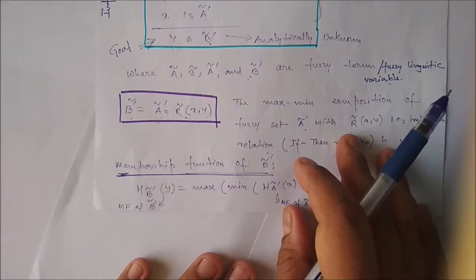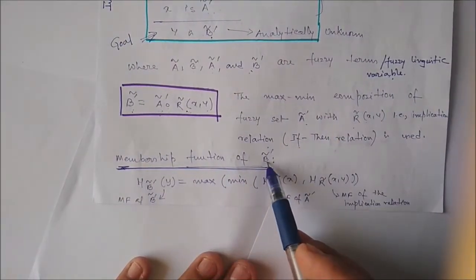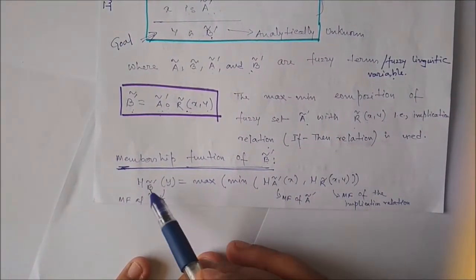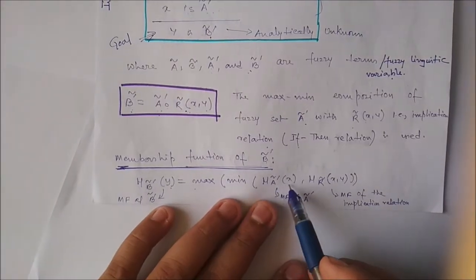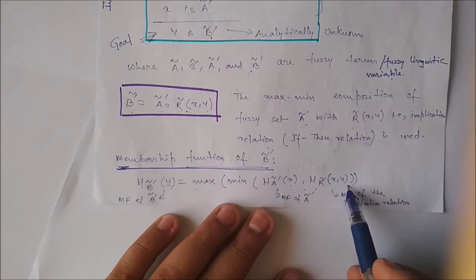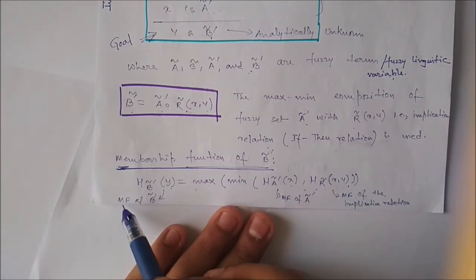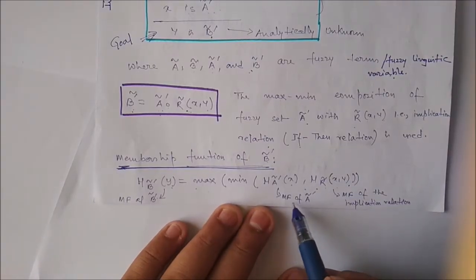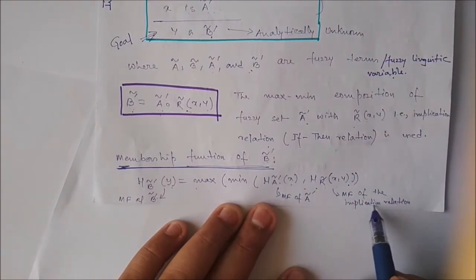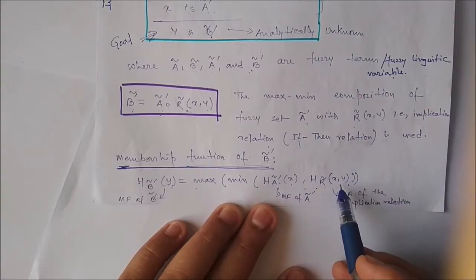To get the membership function of B dash, we use this formula: mu B dash(y) = max min [mu A dash(x), mu R(x, y)]. This is the membership function of B dash, which we identify with the help of the membership function of A dash and the membership function of the implication relation.